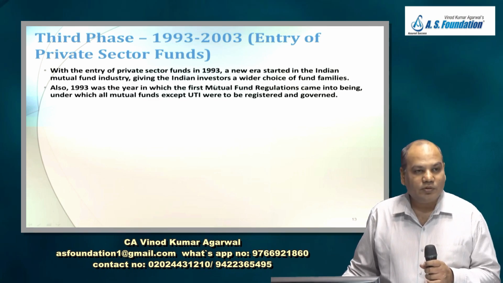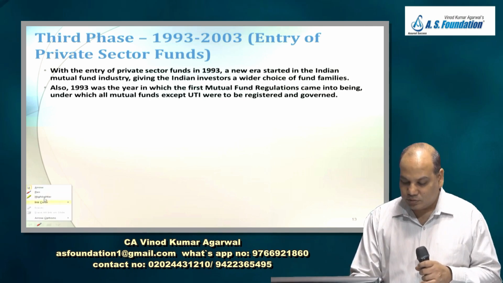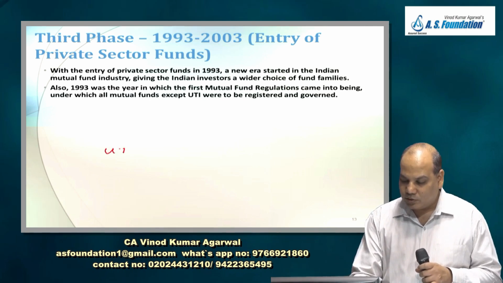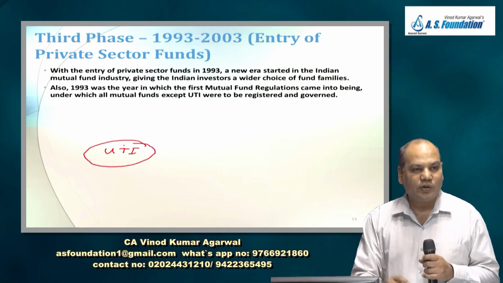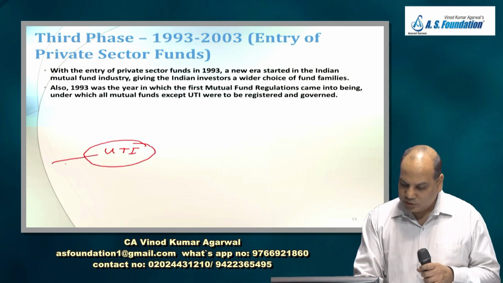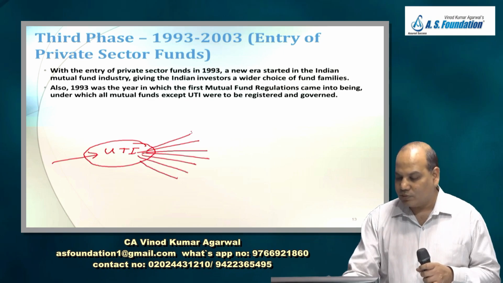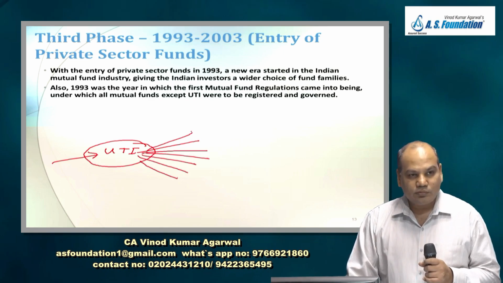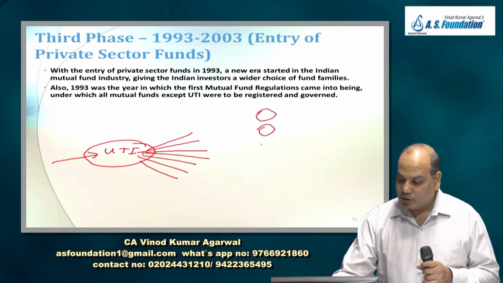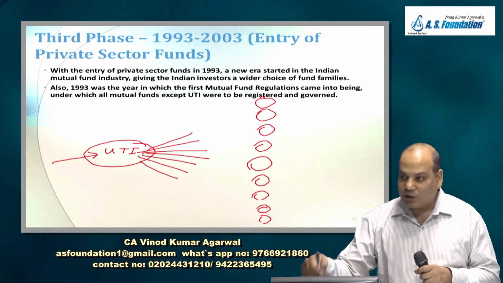Now the problem is, some interesting thing you should know. Why did government started UTI? Because that time investor did not know where to invest. So government said, you invest in UTI and we will invest in shares according to our professional management. Now the problem is there are so many mutual funds.